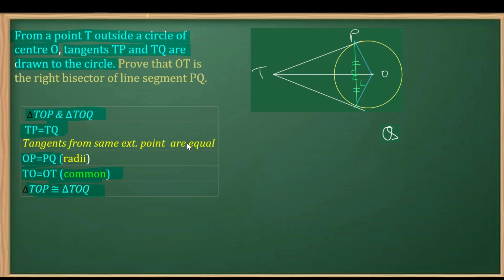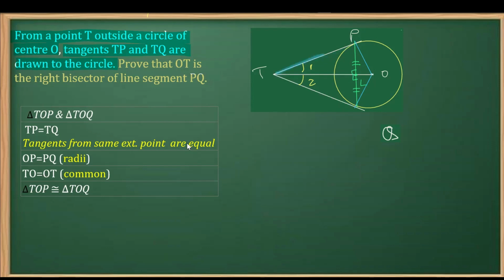So this way we can prove the triangles congruent. Now check here, once we prove these two triangles congruent, that is, the triangle TOP, which I have already mentioned, and the triangle TOQ, we can write these angles as equal, from corresponding parts of congruent triangles. Now what next we are going to do is to prove one more pair of triangles as congruent.